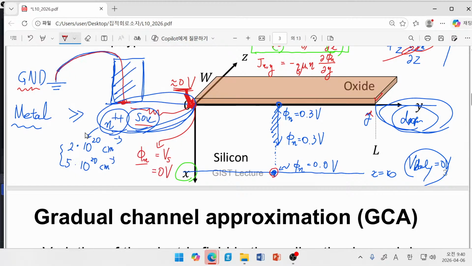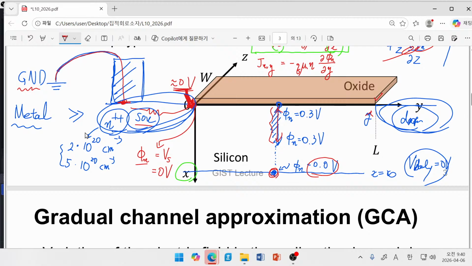Since this point is attached to the body, it has to have the body voltage, which is assumed to be 0. And since this part shares the electron quasi-Fermi potential, they all have a certain non-zero value of electron quasi-Fermi potential.